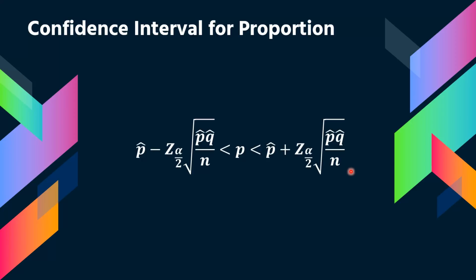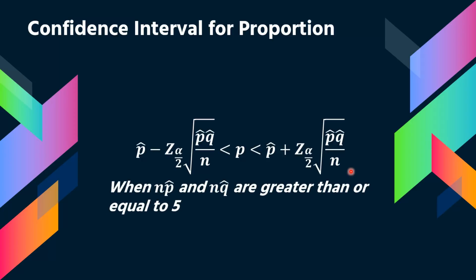So this is the formula. Now, the product of N times P hat and N times Q hat. So if we multiply N and P hat, or N and Q hat, the product of those numbers should be greater than or equal to 5.